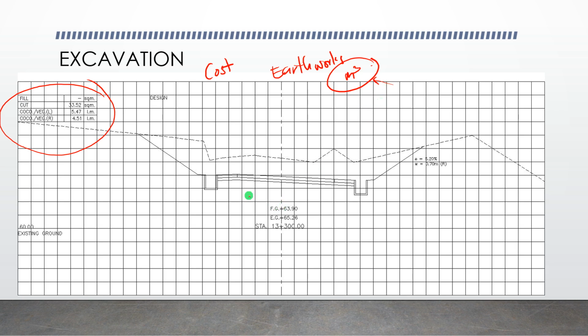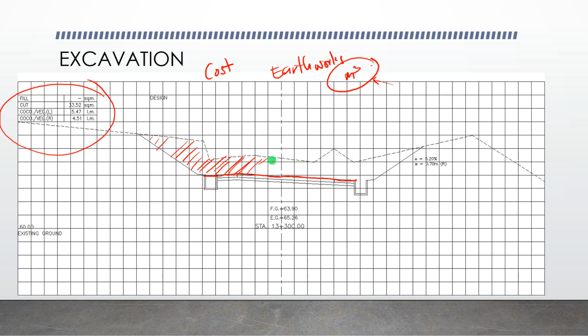volume of soil. So here in this cross section, this is an example for excavation where we need to determine first the area of the soil needed to be excavated. So right here, this is your road, and this dashed line here is the existing ground surface.